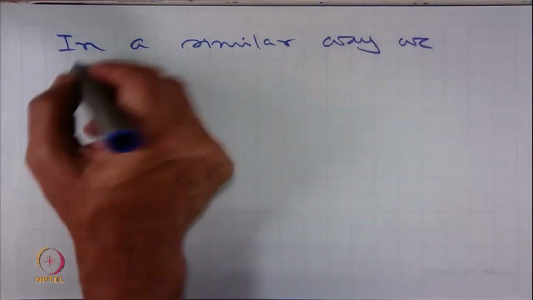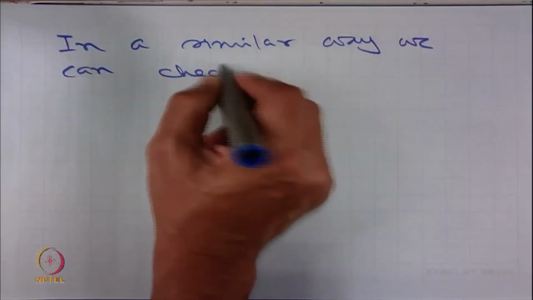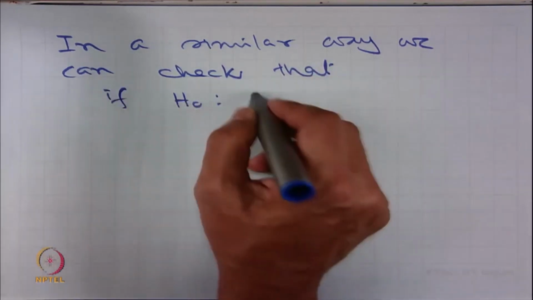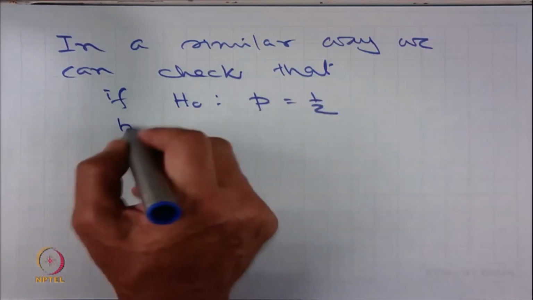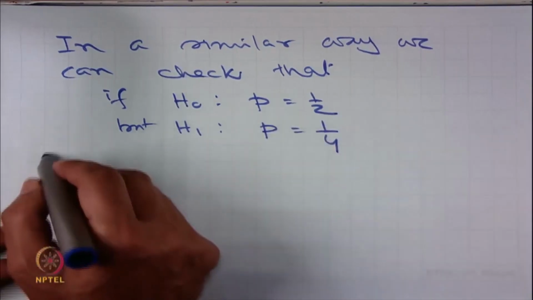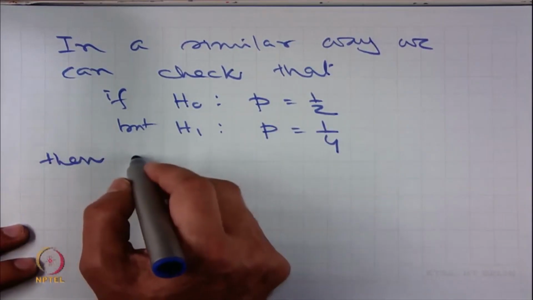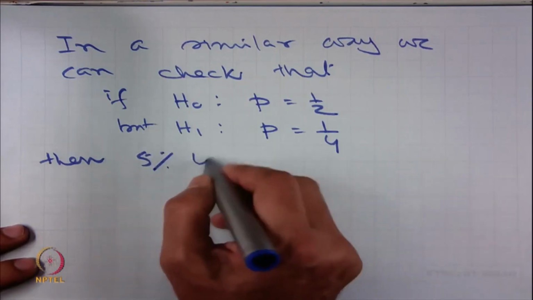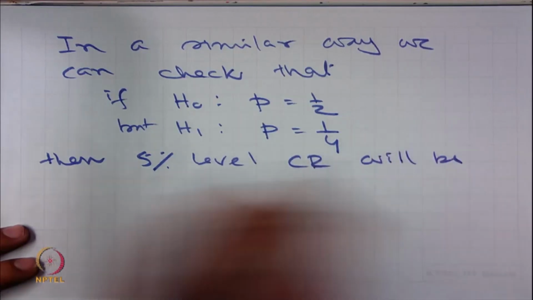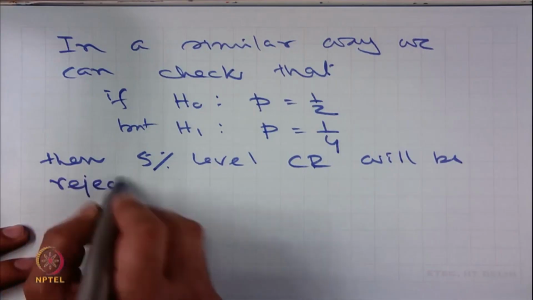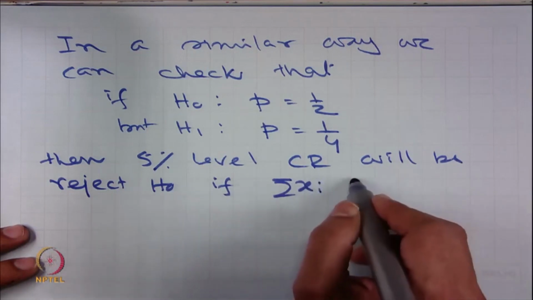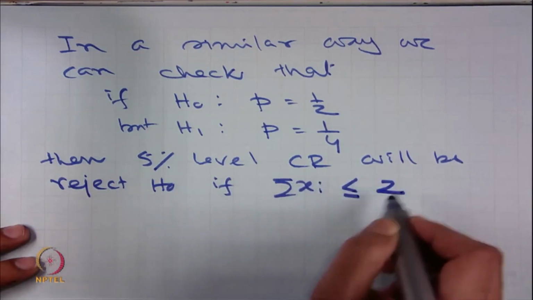In a similar way, we can check that if H naught is p equal to half, but H1 is p equal to 1 by 4, then the 5% level critical region will be: reject H naught if sigma xi is less than or equal to 2.